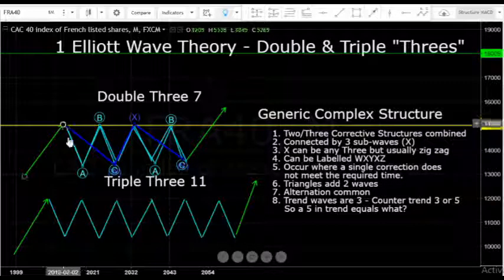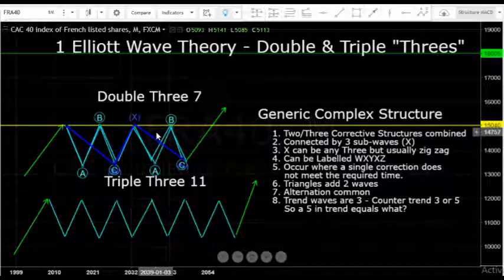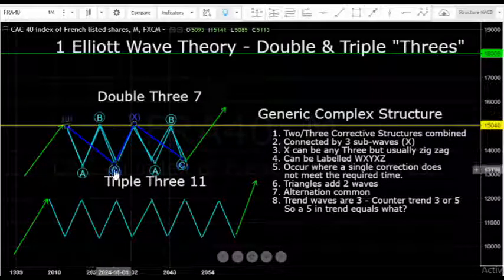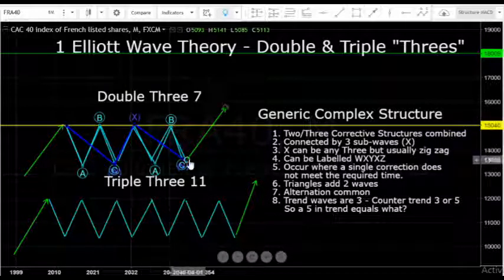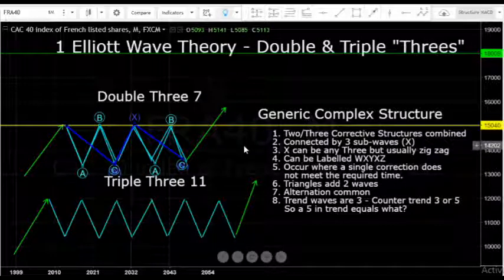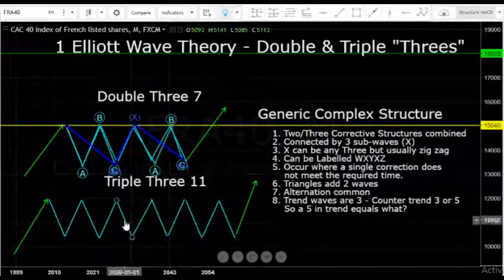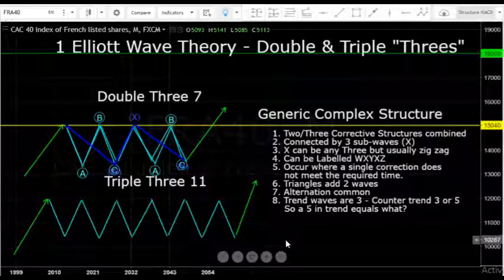So in other words, if this is a zigzag, chances are this will be a flat or a triangle. And if this is a flat, the chances are this will be a triangle or a zigzag. So we have alternating corrective structures. So we could have zigzag, flat, triangle. And we'll have a look at that later on.